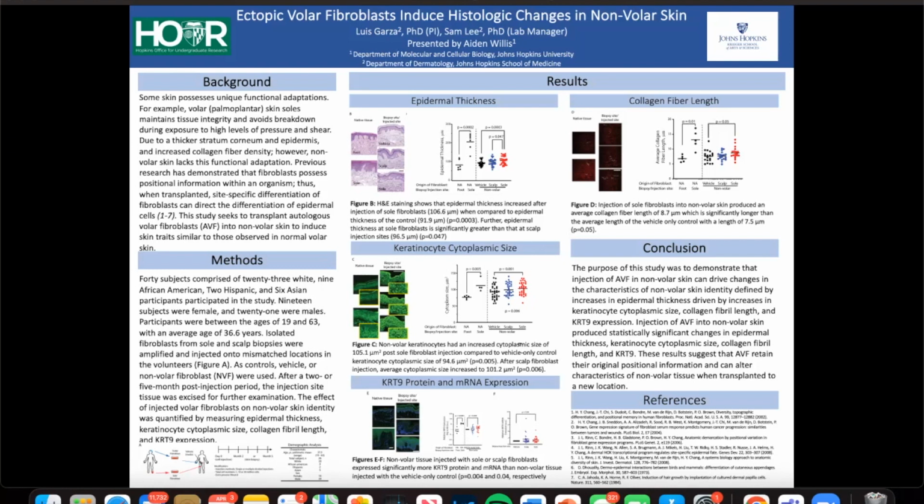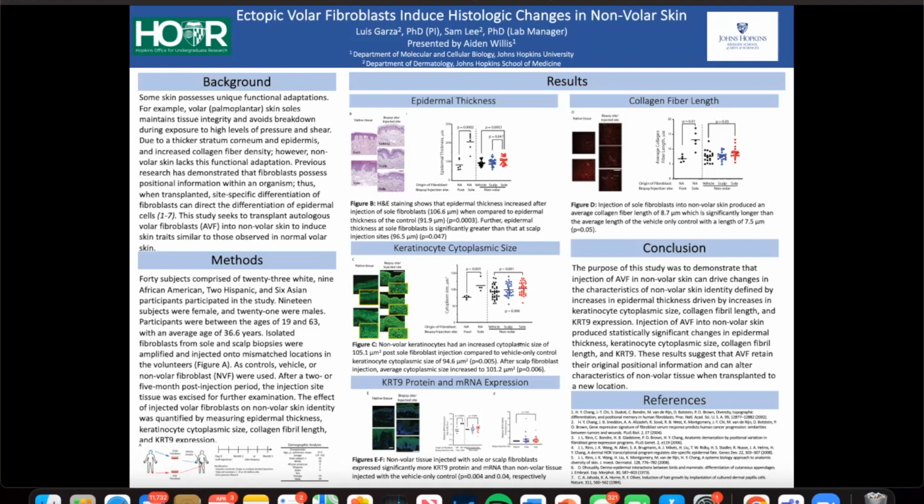However, there are certain skin types that possess unique functional adaptations that make them more resistant to these physical stresses, such as volar skin. Volar skin is characterized by increased epidermal thickness due to a thicker stratum corneum and increased keratinocyte activity.